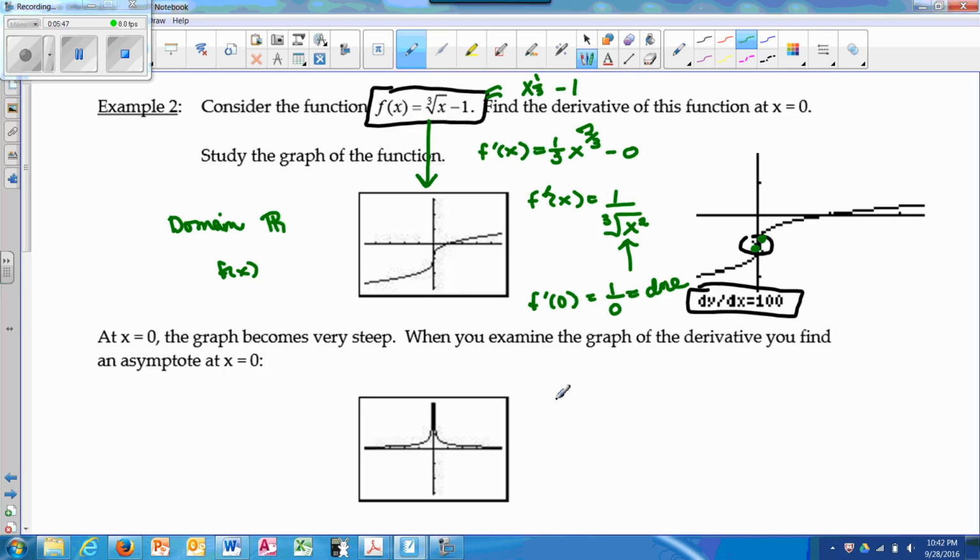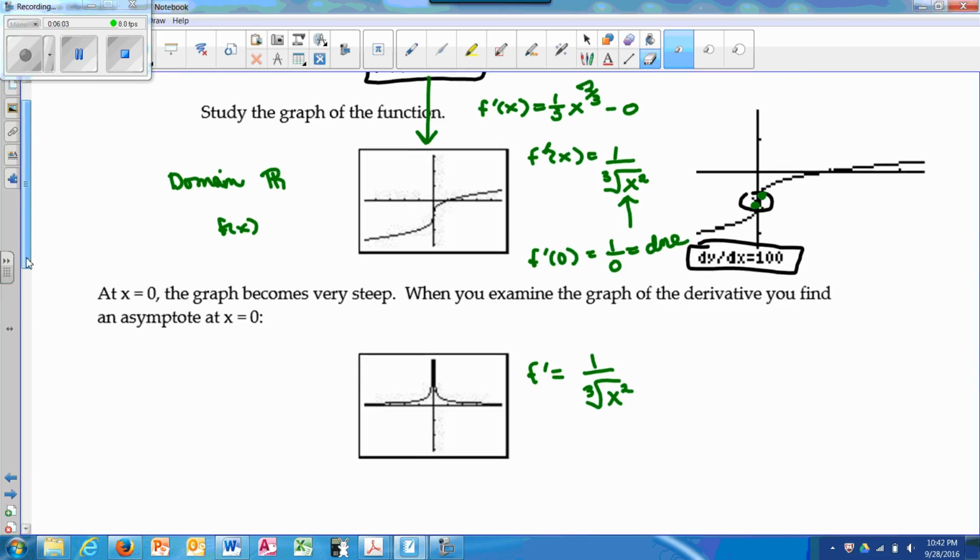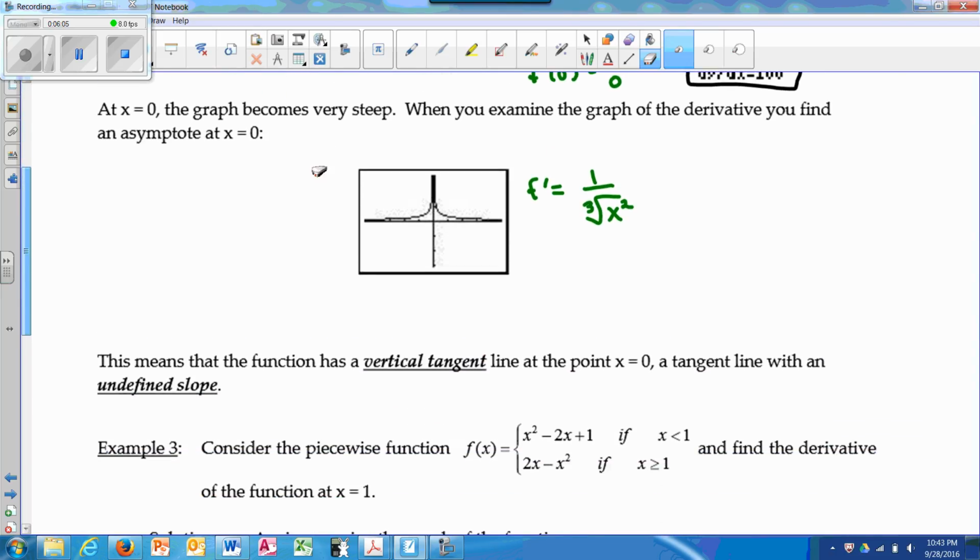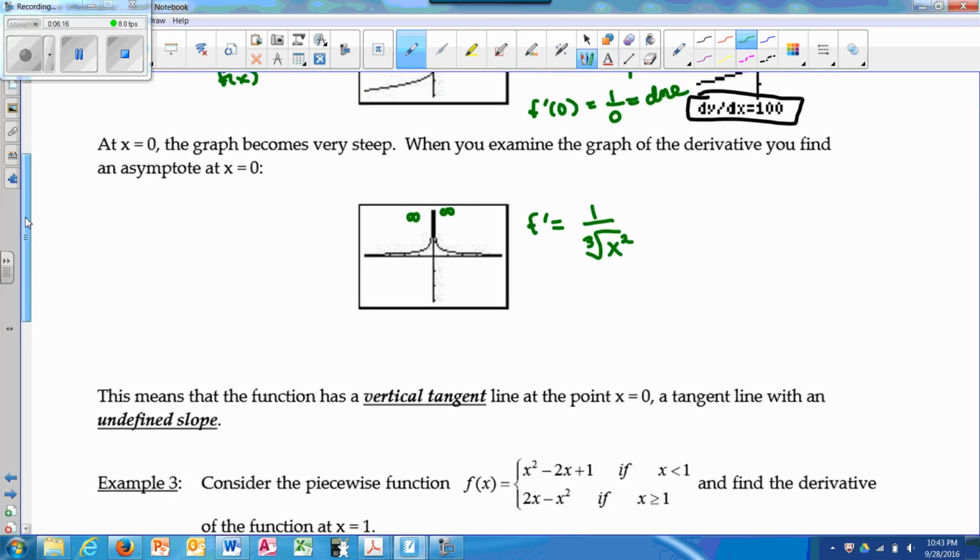So notice on this graph, all of the values are above the x-axis because the derivative is always positive, except at x equals 0. And because the entire derivative is positive on both sides, we would have a derivative that's approaching positive infinity.